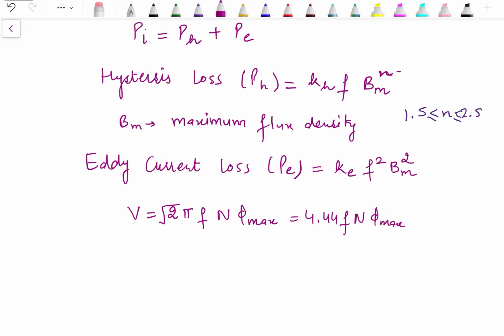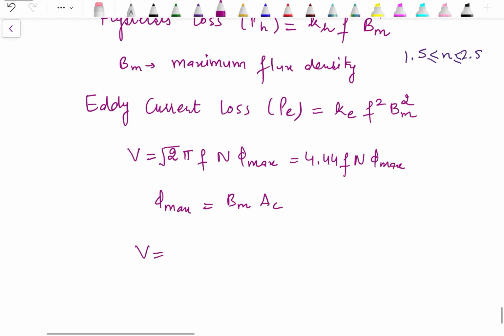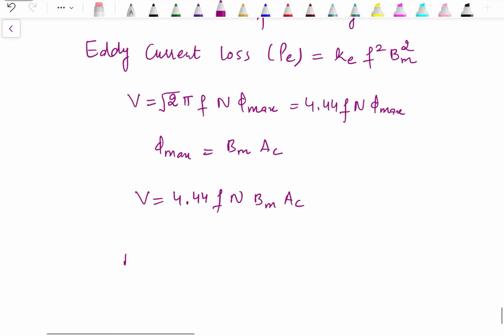We know that phi max is equal to B max into area of cross section. So from here V, which is equal to 4.44 f N phi max, can be written with B max times Ac, or B max will be equal to V upon 4.44 f N Ac.